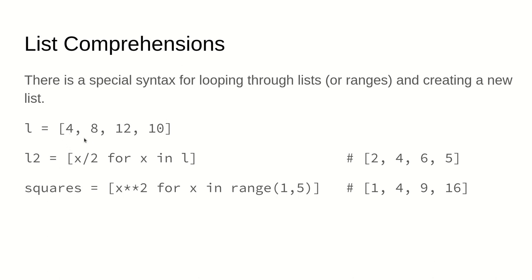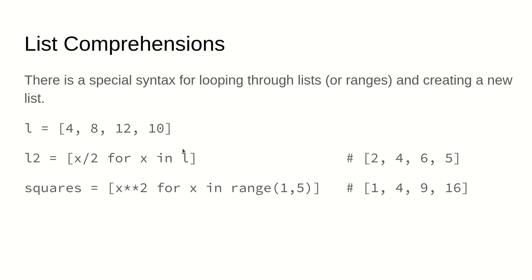What's happening is it's doing this x over 2 statement for each item that we name x in L. So you can think of it like a normal for loop still. First, x is equal to 4, and it's doing x divided by 2 and making that the first item in the new list. Then x is equal to 8, and it's doing 8 divided by 2 and making that the second item in the list.